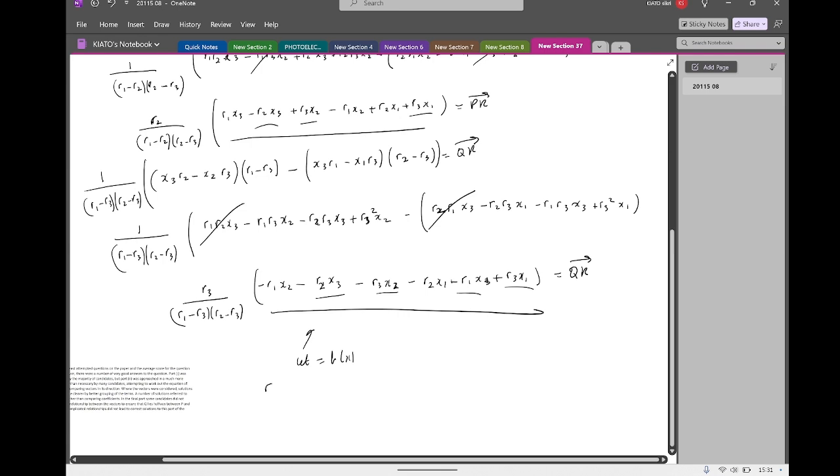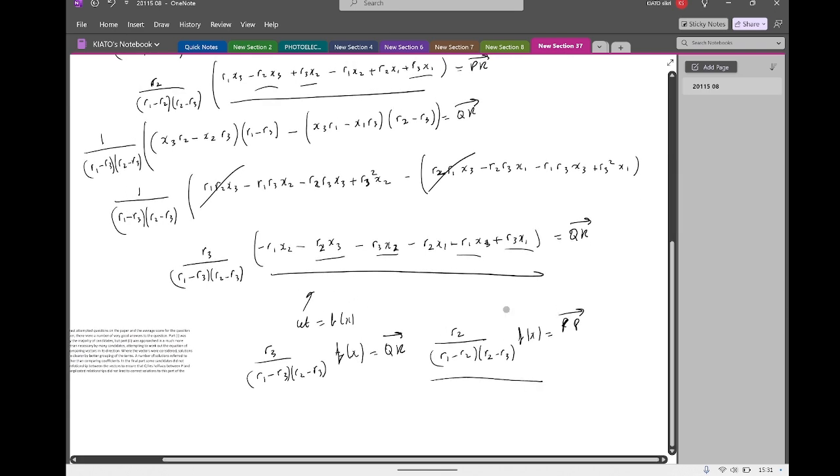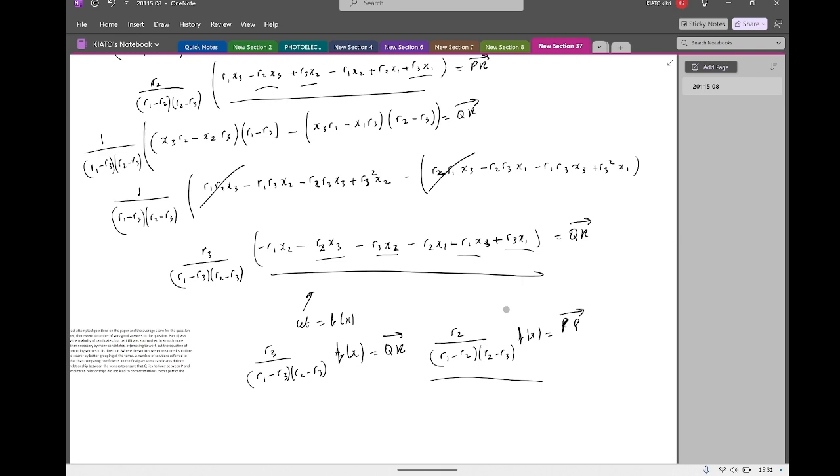Okay, we get r3 over (r1 minus r3)(r2 minus r3) times f of x equals QR, and r2 over (r1 minus r2)(r2 minus r3) times f of x is equal to PR. Now essentially this is our lambda right here, right? So we've pretty much just shown that QR scaled up equals PR.